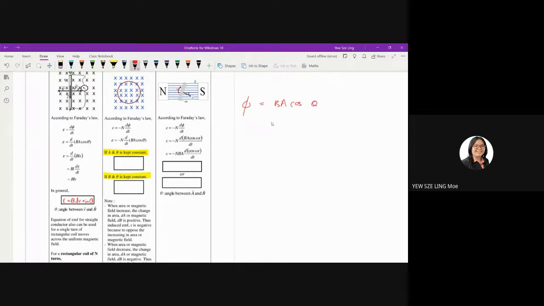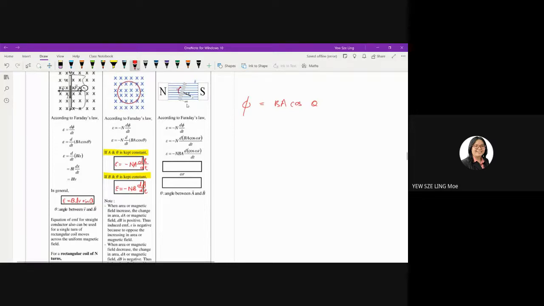When it comes to a coil, you can either change the magnetic field strength or the surface area. If you change B, then the equation is simply EMF equals negative NA dB over dt, because now you're changing the B. If you change A, then EMF equals negative B dA over dt.